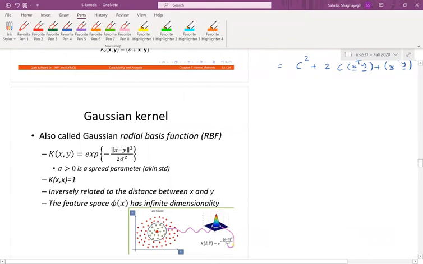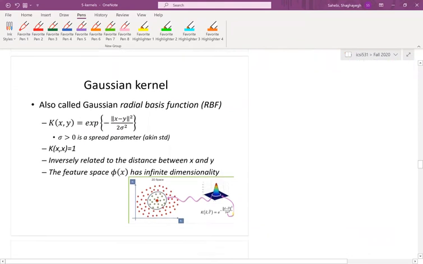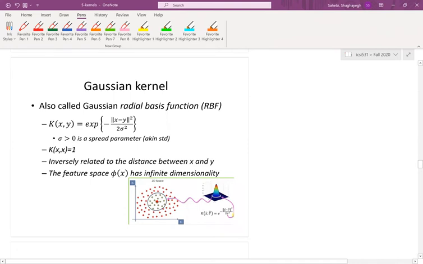Now, the Gaussian kernel is another famous kernel that we can have. It's also called the Gaussian radial basis function, or RBF kernel. In that, the kernel value is defined like this: exponential of minus the norm of x minus y squared divided by 2 sigma squared, where sigma is a parameter that defines the spread, or standard deviation, for example, of our data.